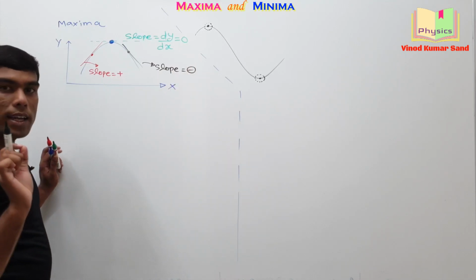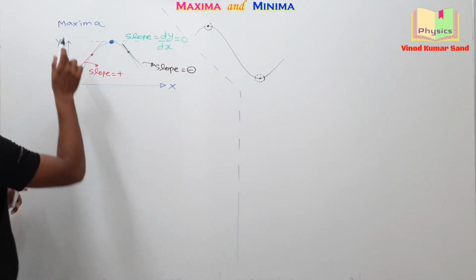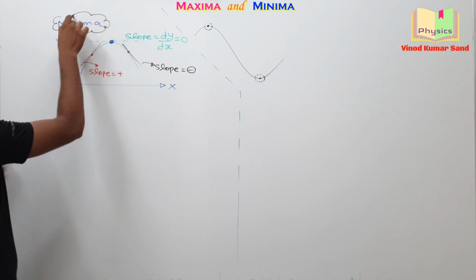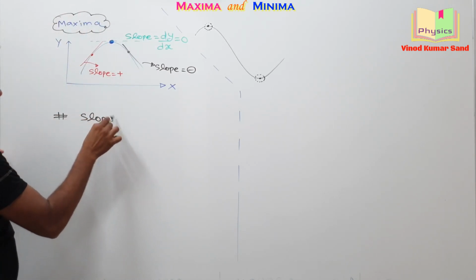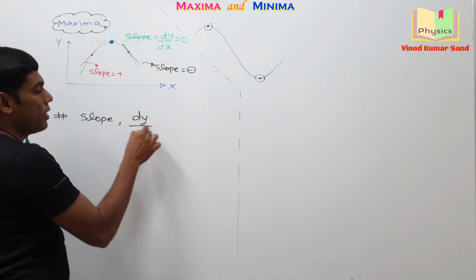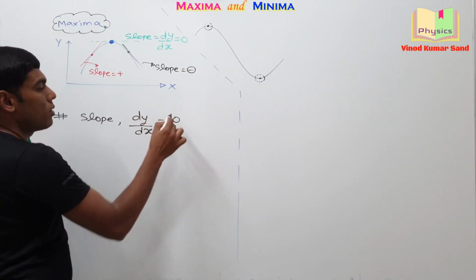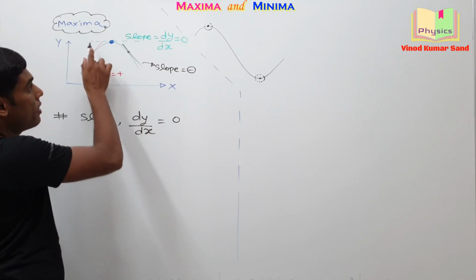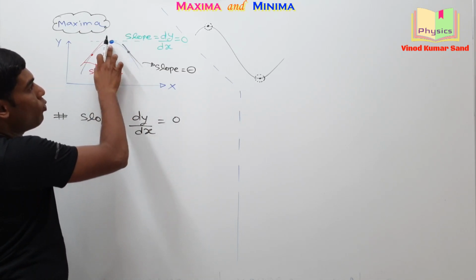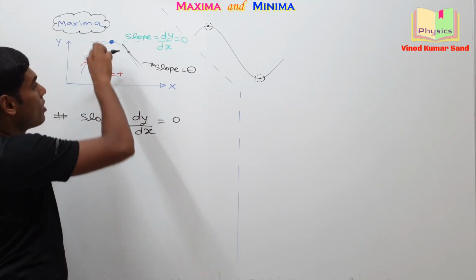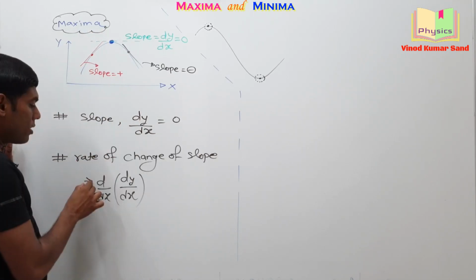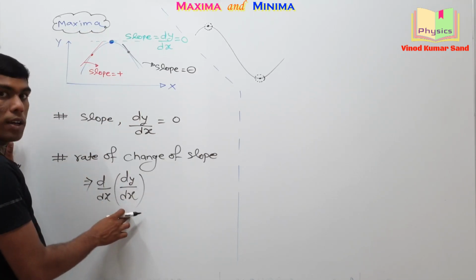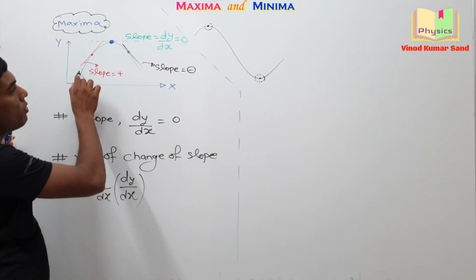So you can write the mathematical formulations for maxima. At maxima, first thing, the slope, meaning dy by dx, is equal to 0. Getting it? Wherever the curve attains its maxima, the slope will be 0. Second point, is the rate of change of slope positive, negative or 0?